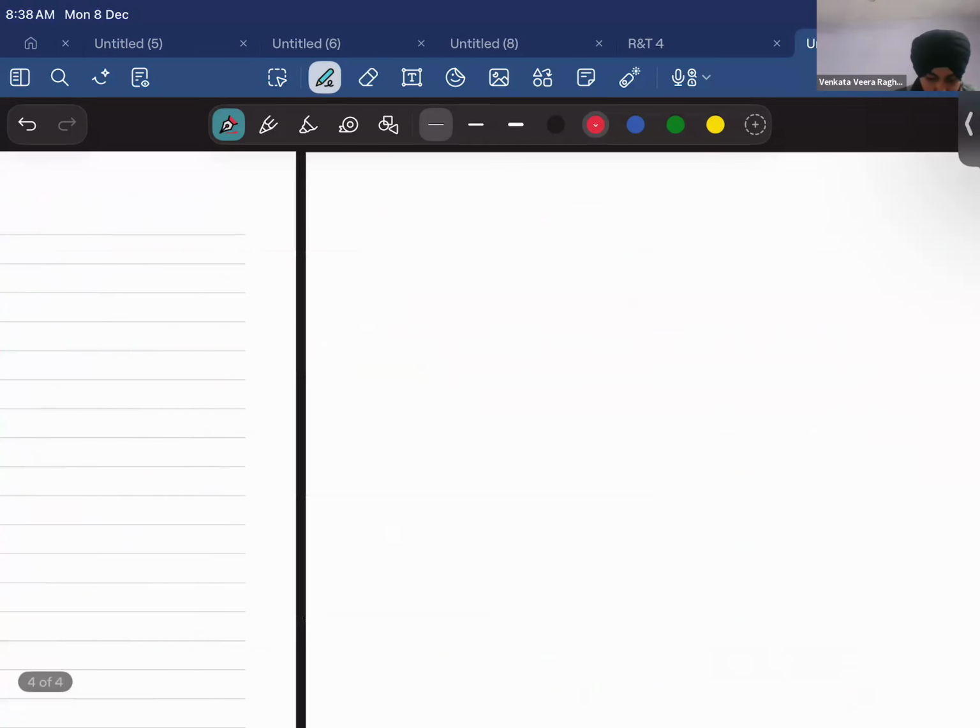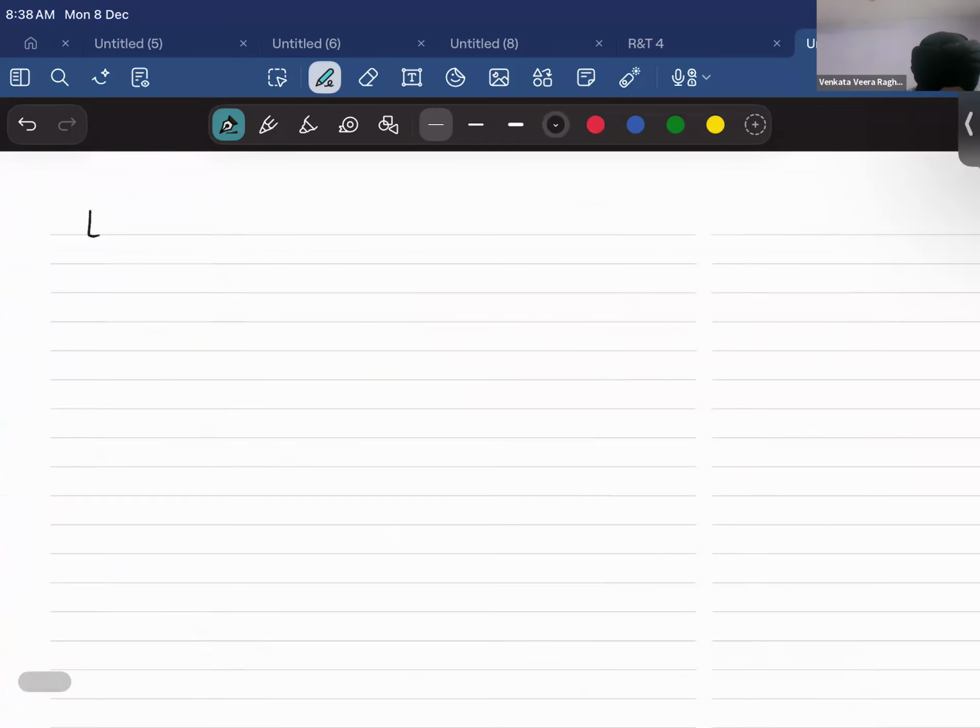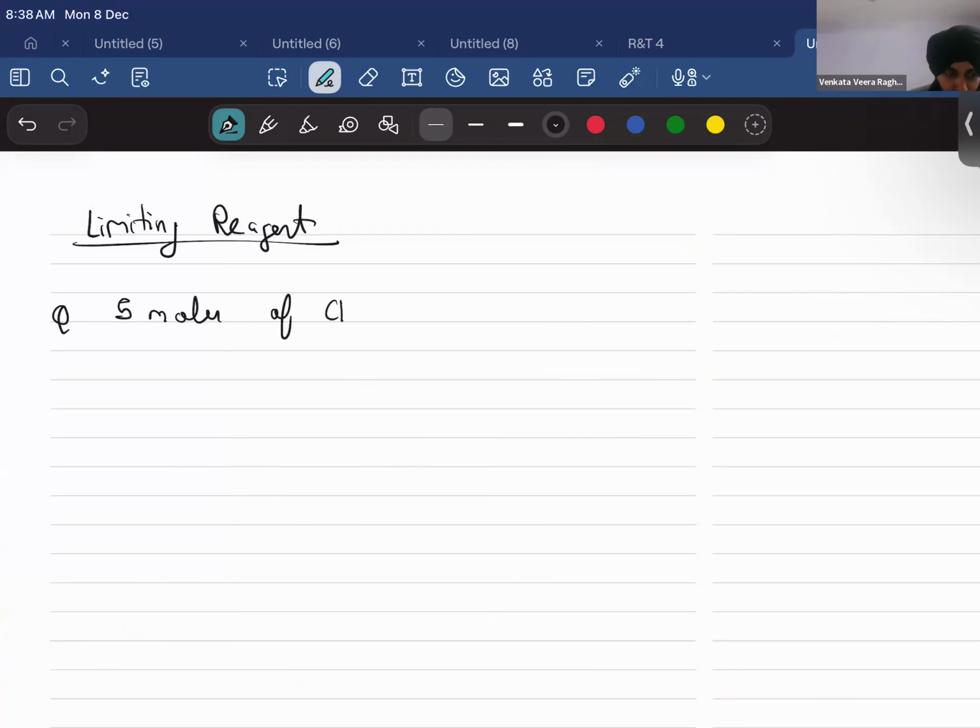Okay, then let us now talk about the limiting reagent. Chalo, let's proceed. As you understood now, can I quickly give you just one question for this? 5 moles of CH4 is burnt with 8 moles of O2.